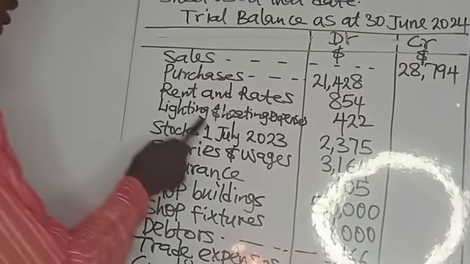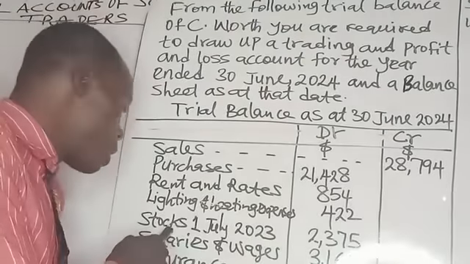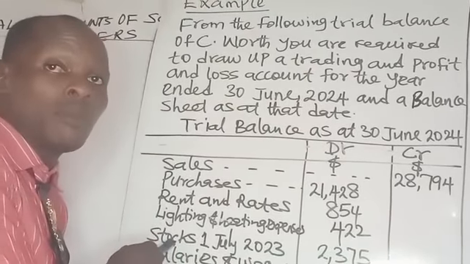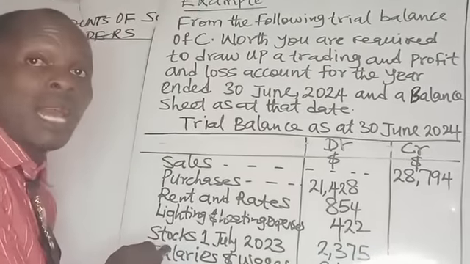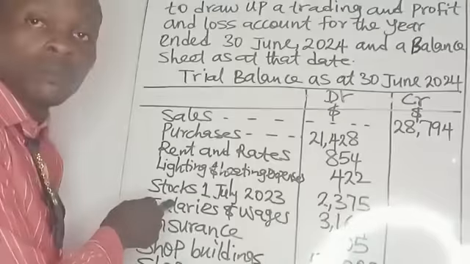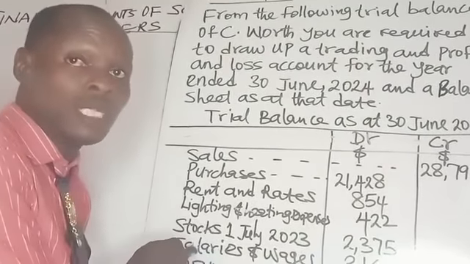Where you are given stock in the trial balance and another stock is given in additional information, the stock in the trial balance is the opening stock, while the one in additional information is the closing stock. But where no stock is given in the additional information and you only have stock in the trial balance, that means the stock given in the trial balance is the closing stock.